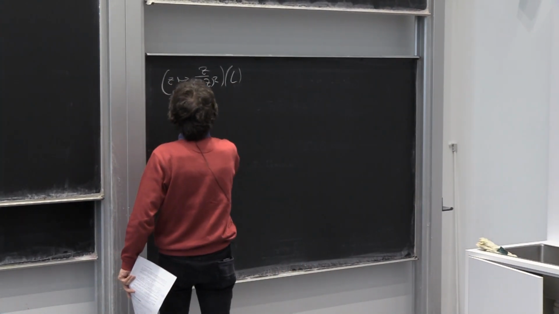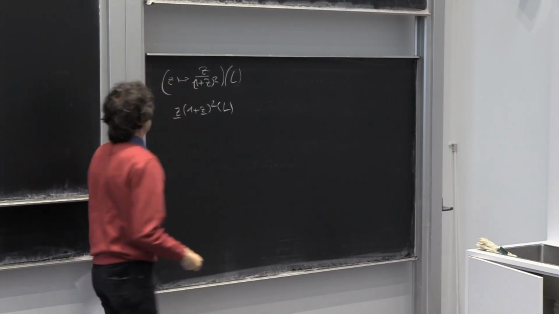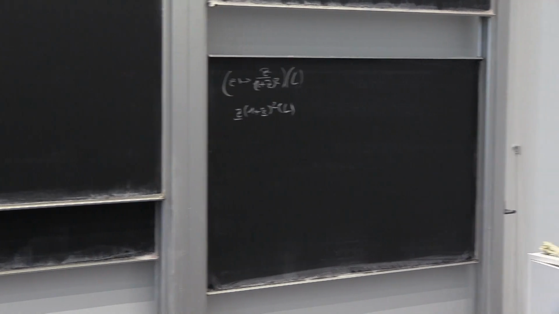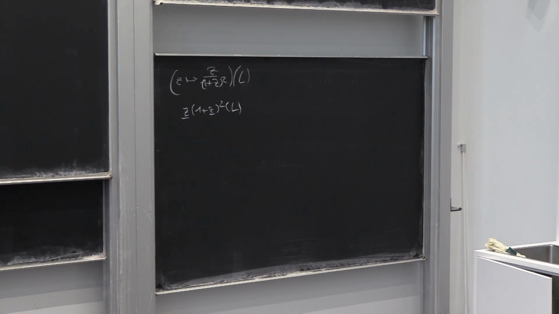So I will write z over (1 plus z squared) of L, meaning take the function that assigns to z the value z over 1 plus z squared and plug in L. Okay, and the same for the function 1 here. This is not the number 1, this is the function constantly 1. Okay, but this is just a matter of notation.